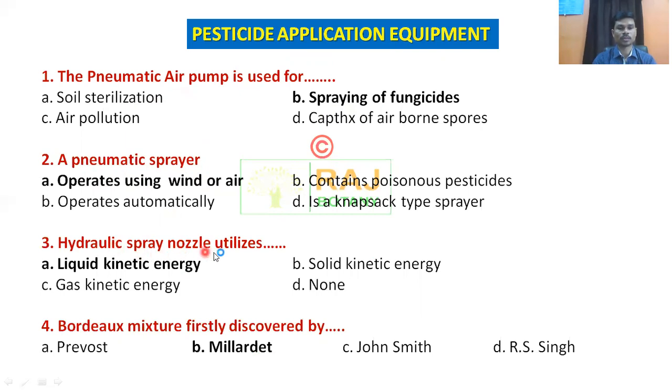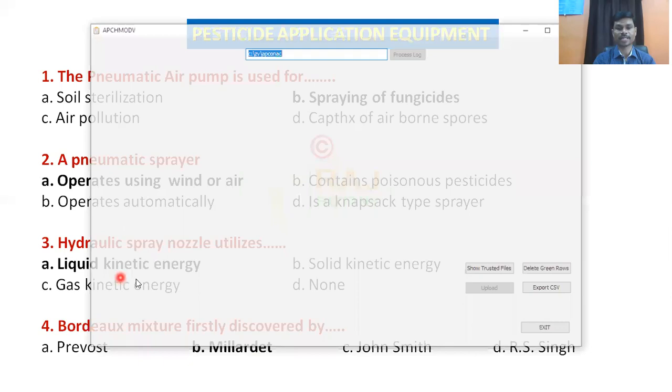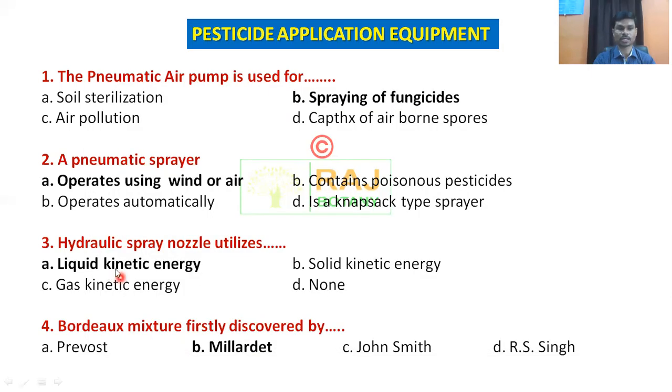Hydraulic spray nozzles utilize liquid kinetic energy. Into those hydraulic spray nozzles, the liquids are forcefully pushed out. Due to that, liquids are converted into small droplets. Why? Because of the use of kinetic energy. Therefore, A option is correct.